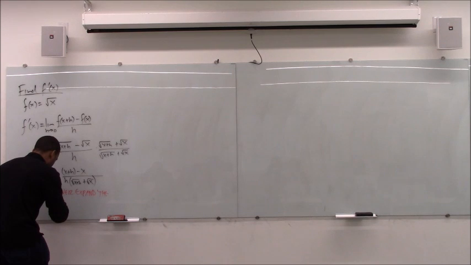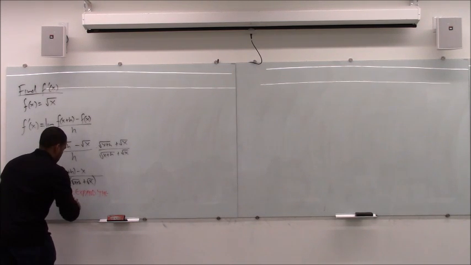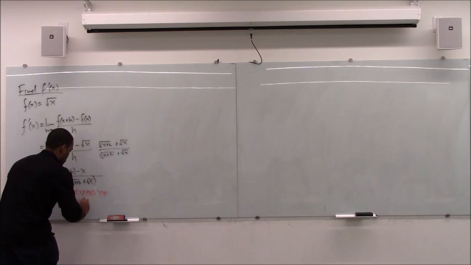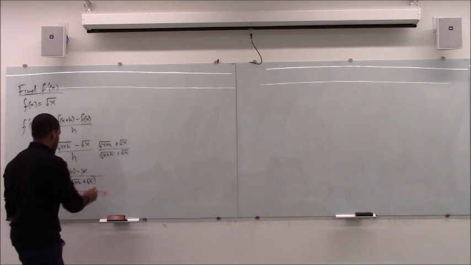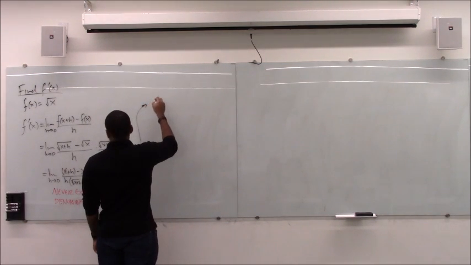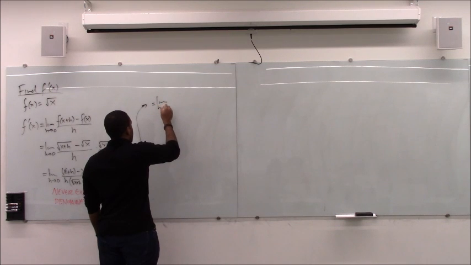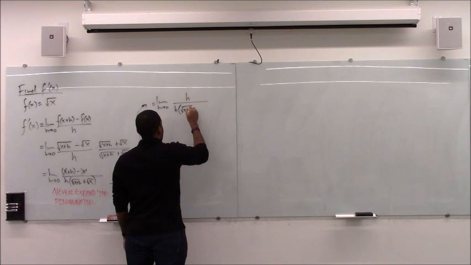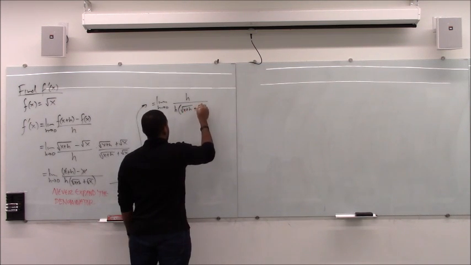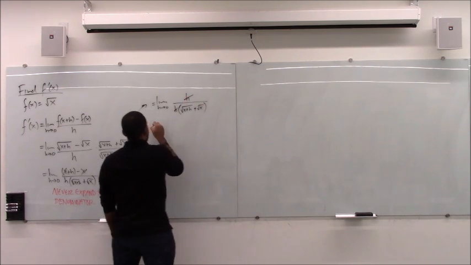You can't simplify a fraction by expanding the denominator. So you want to keep that in factored form, don't multiply that out. Other than that, you'll notice that the x's cancel and kill each other, and we would have the limit as h approaches 0, h over h times. Now the h's cancel.